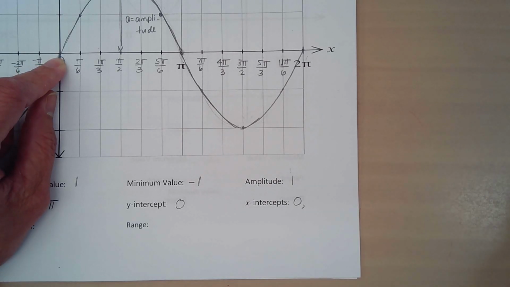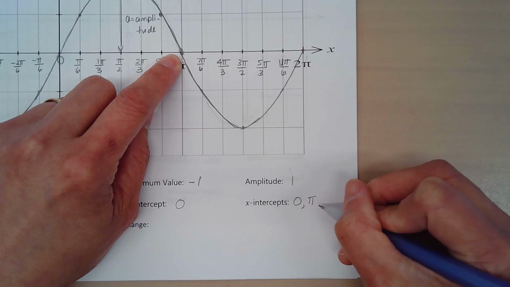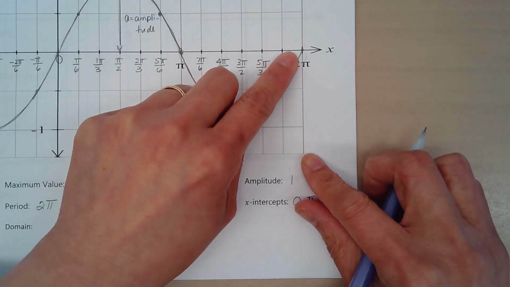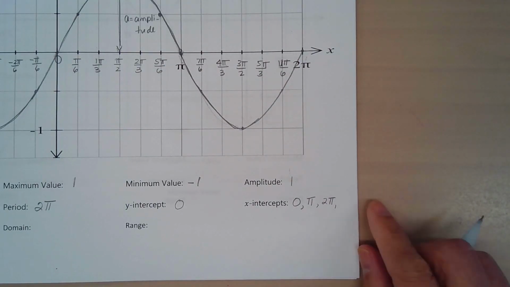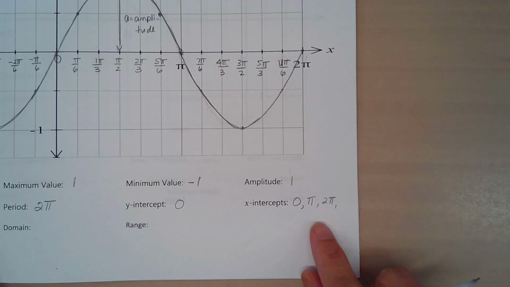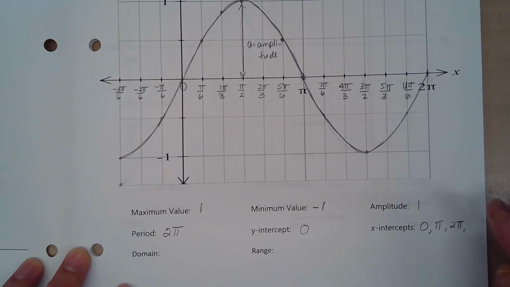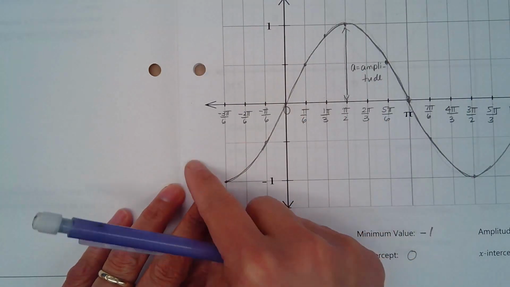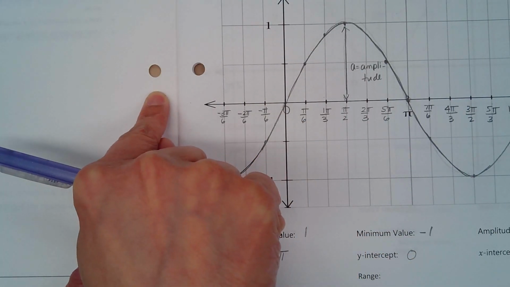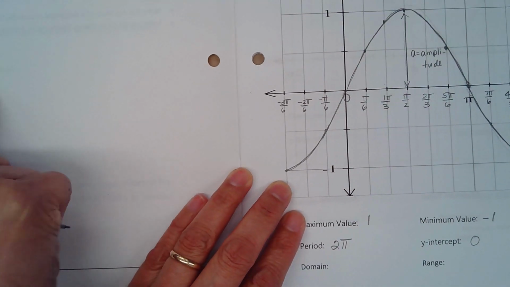Where else? At pi, right? So it's right there. Where else? 2 pi. 3 pi, 4 pi. Okay, what about if we go the other way? Negative pi. Yeah. If we were to continually graph this thing, it's going to hit at negative pi, negative 2 pi, negative 3 pi, and so on.